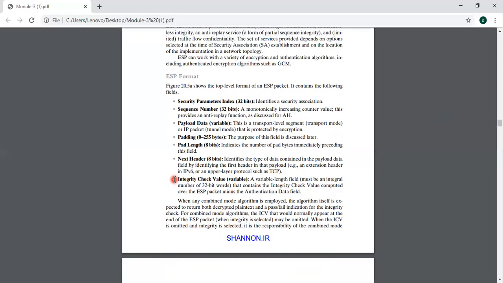ICV means we are verifying the integrity of the packet.